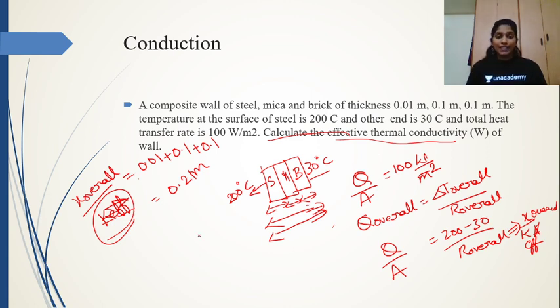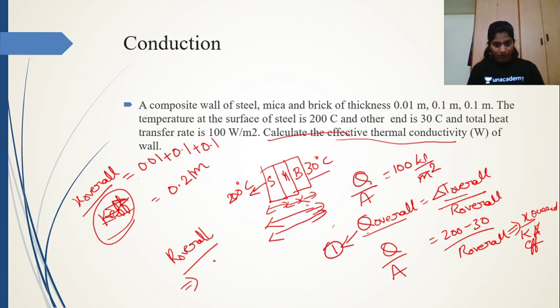So for calculating this, we should get R overall, right? And this value we will get from this equation. From this equation we already have the data about Q by A, and we already know delta T, which means 100 is equal to 200 minus 30, which is 170.